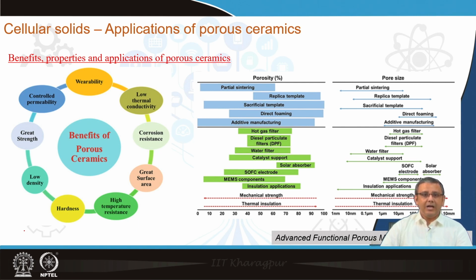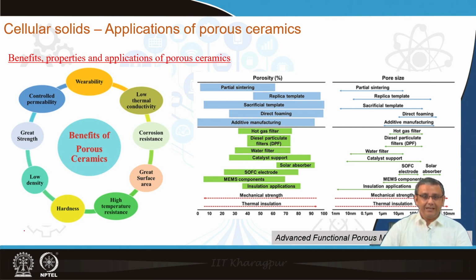Porous ceramics also have very low density. As we discussed in a previous lecture, ceramics as such have low density because of the presence of non-metallic elements like carbon, oxygen, nitrogen and so on, and because of the very high amount of porosity in the porous ceramics, the porous ceramics have very low density.